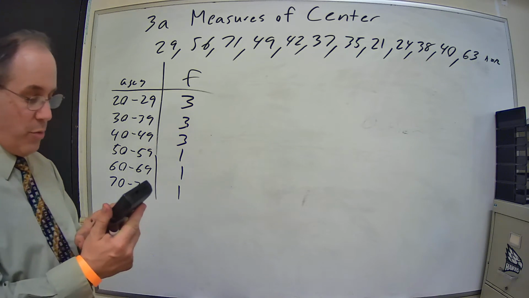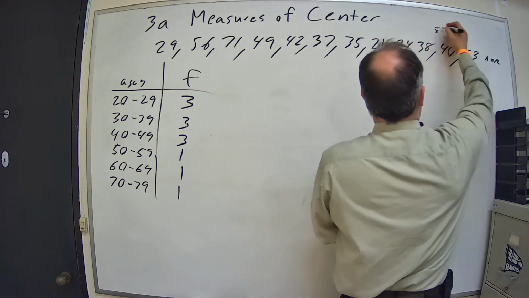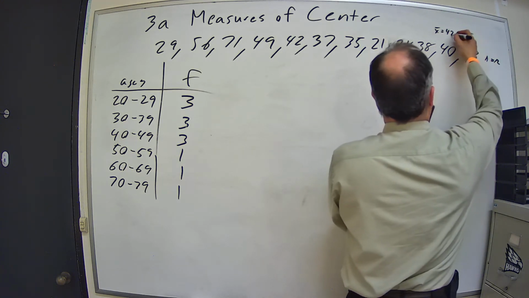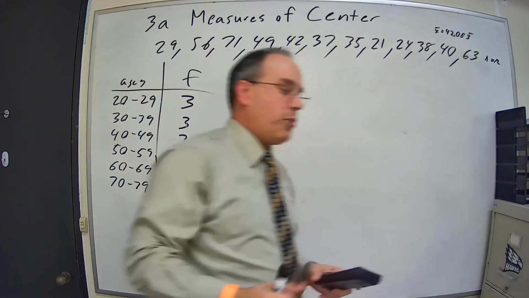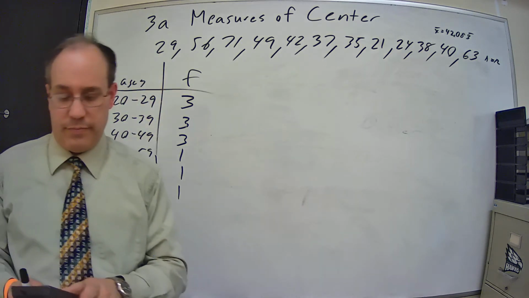So we get 42.083 repeating. So x bar is equal to 42.083 repeating. We're just going to put that there for future reference.